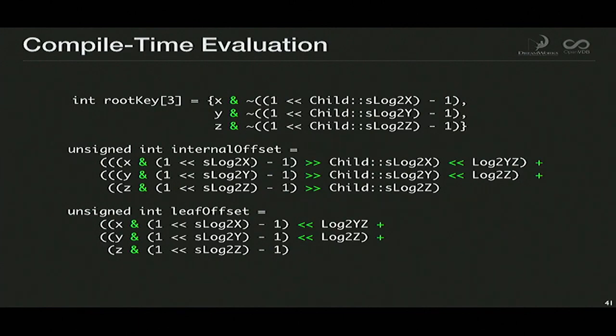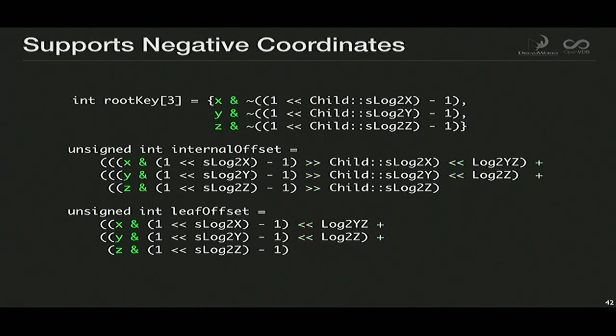The first one is, when you compile the code, the green operations are the only ones that you execute in runtime. Everything else is actually compiled out. So there are very few operations. It's very fast to go down the tree, which is good news. Another very interesting observation you can make is, so these are the operations for the root node, all the internal nodes, and the leaf node. The other observation you can make is that the first thing you do with your x, y, and z is you do a bitwise AND.